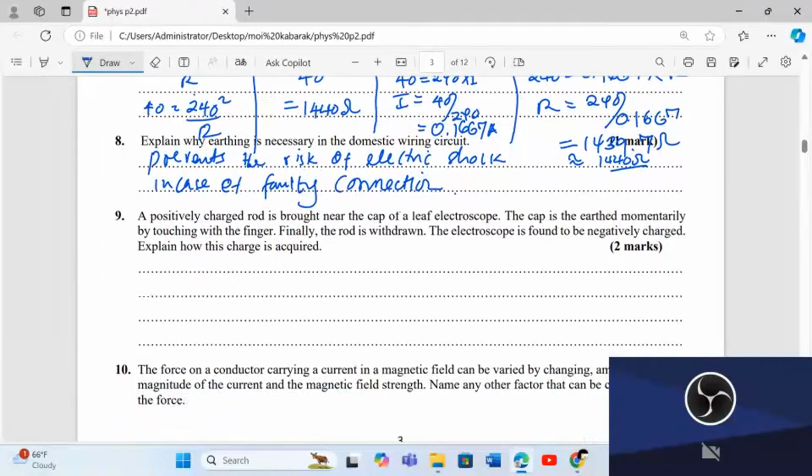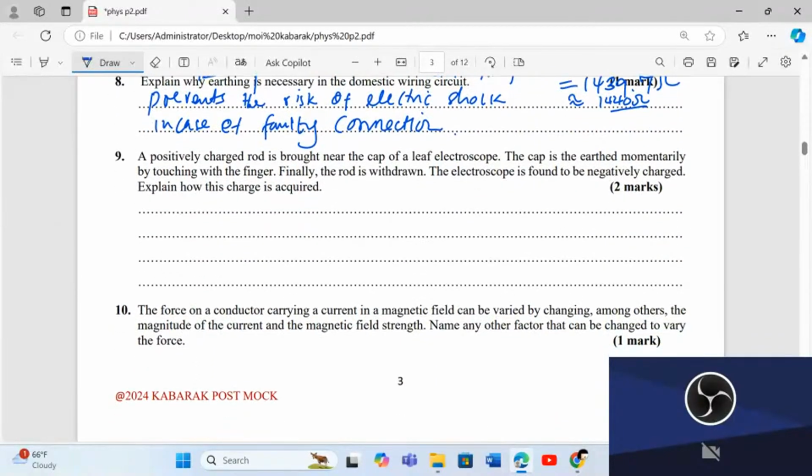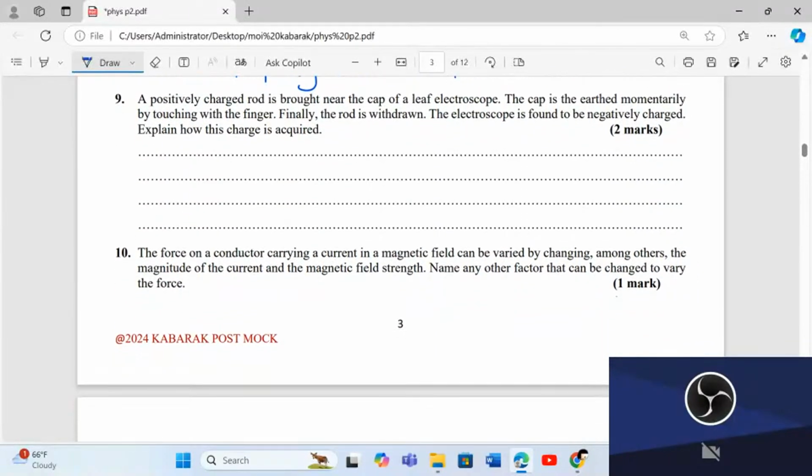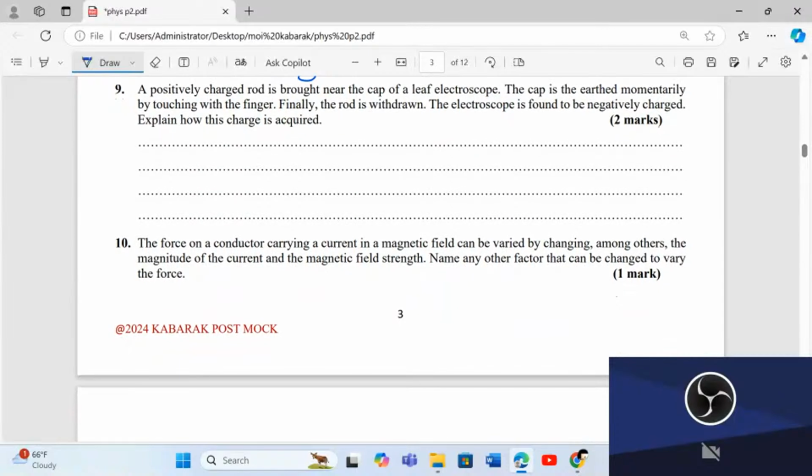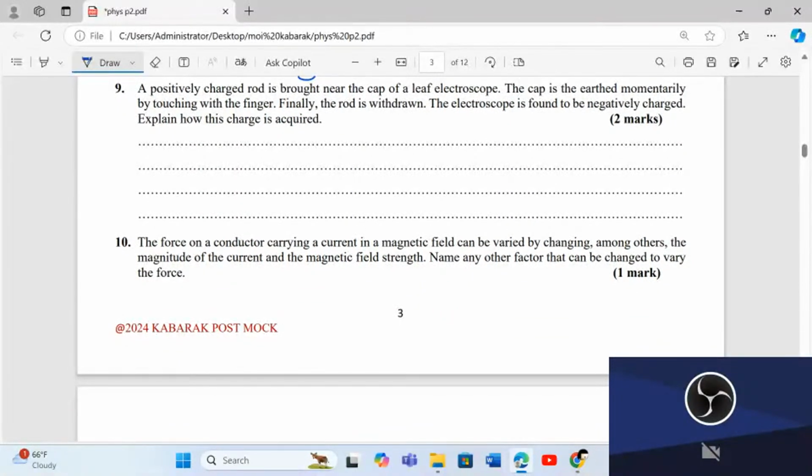A positively charged rod is brought near the cap of an electroscope. The cap is earthed momentarily by touching with the finger. The rod is withdrawn. The electroscope is found to be negatively charged. First, we are being told that it is just brought near a leaf electroscope.